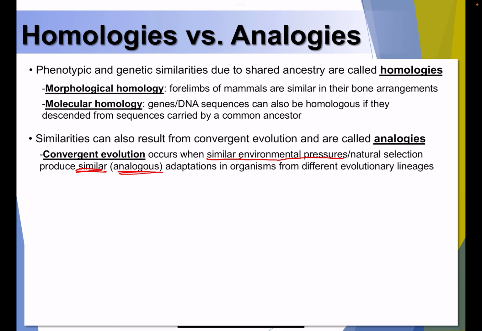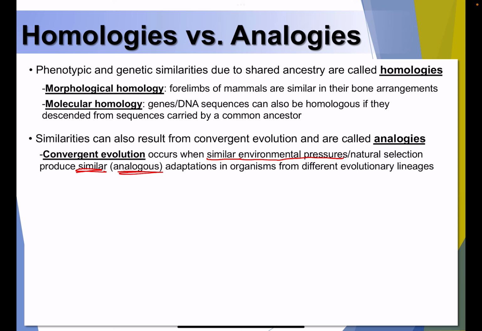That means you have two species that are in completely different evolutionary lineages. They're not sister taxa of each other. They're distantly related, yet they have similar traits, all due to convergent evolution. At least that's how they explain it. We cannot say that this particular trait is homologous with that species' trait because they are not close relatives.